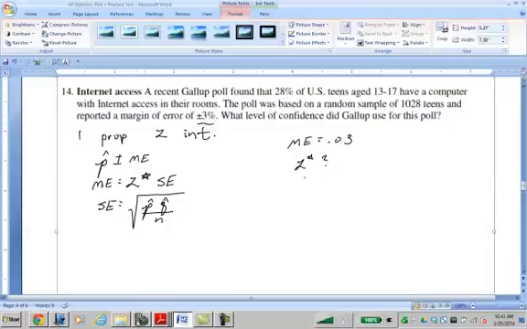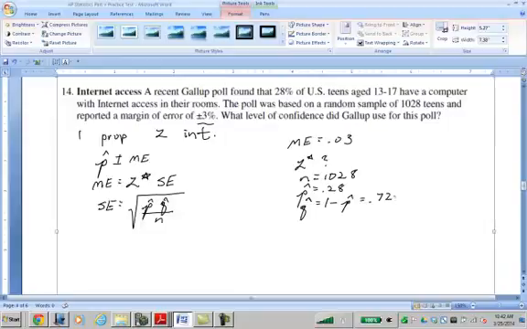We know n. And we know p hat. And therefore we know q hat. Q hat equals 1 minus p hat, which is going to be 0.72.